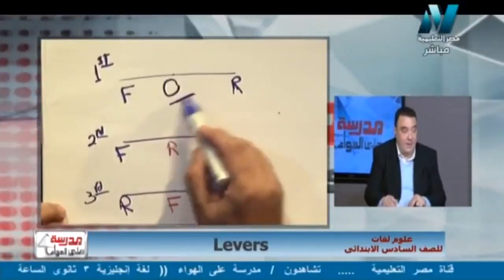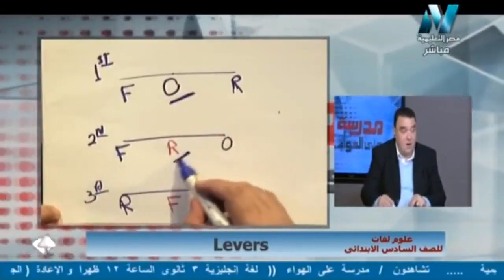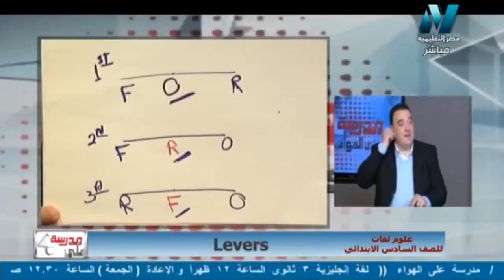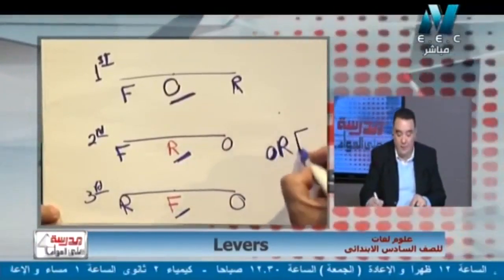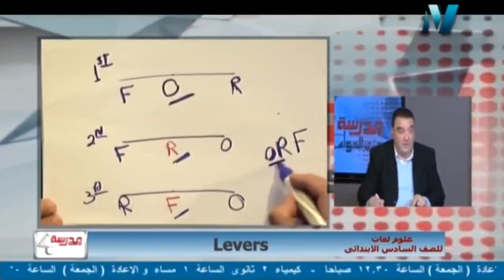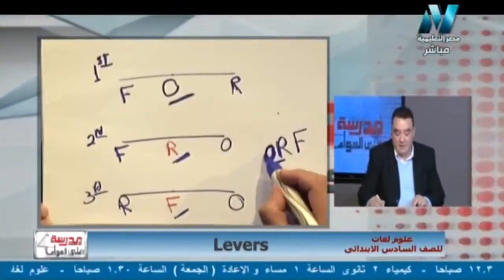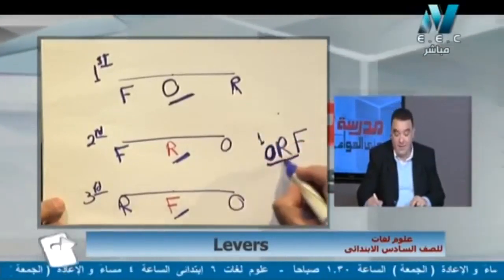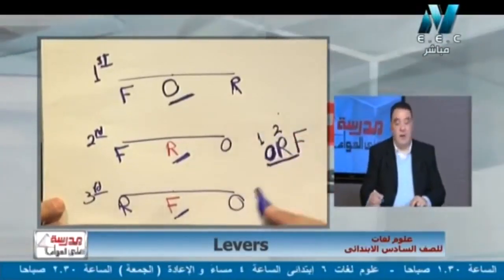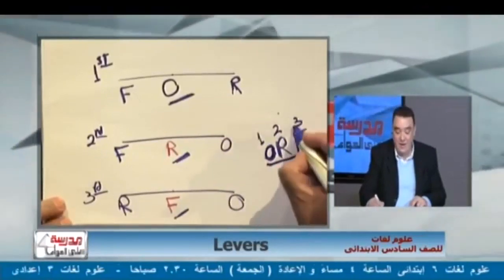Here I have O in the middle, R and F on the sides. So we can make a secret word between us, O R F, ORF. If O is in the middle, the fulcrum is in the middle, it will be first class lever. If R is in the middle it will be second class lever. If F is in the middle it will be third class lever.